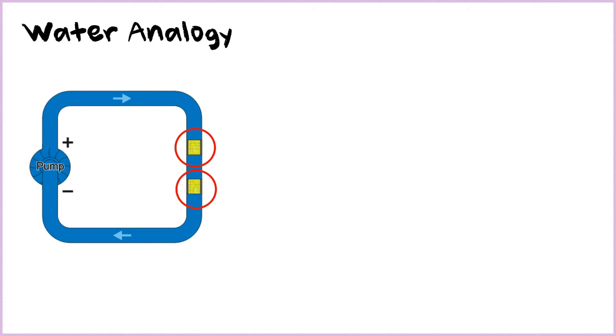And as it passes through the second sand filter, the pressure will decrease more. So the pressure flowing here is very low compared to the pressure flowing here, which is higher. Okay?